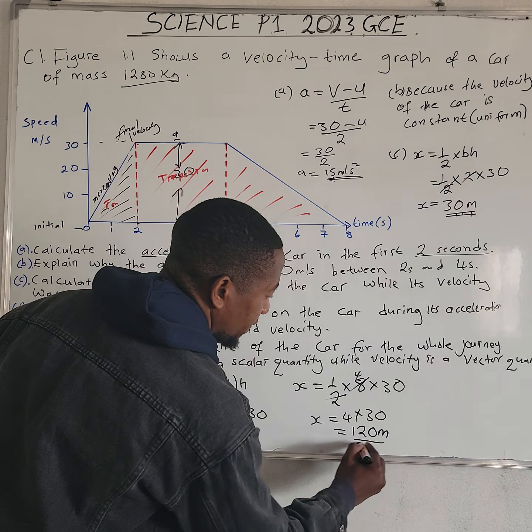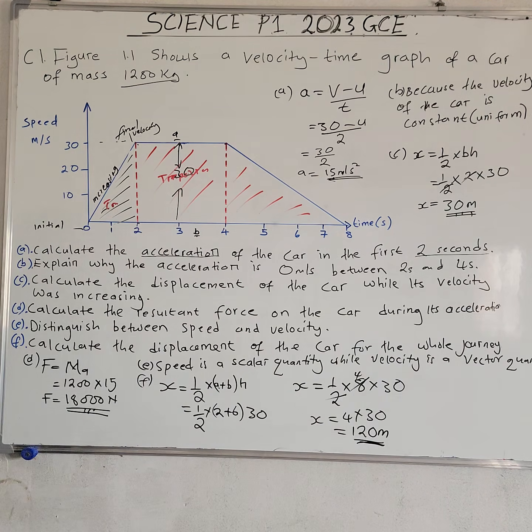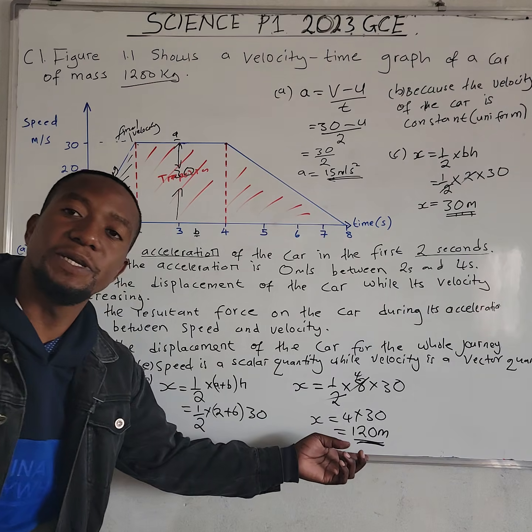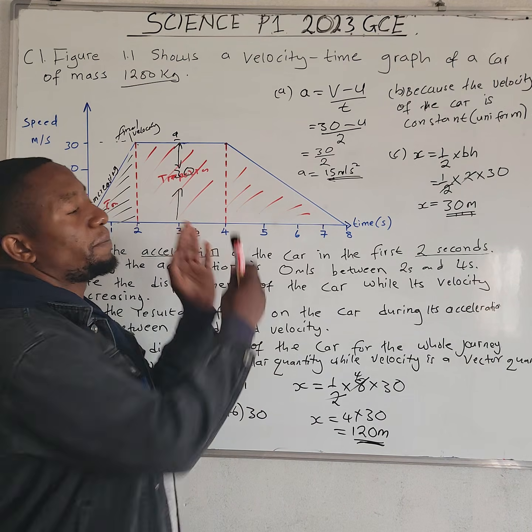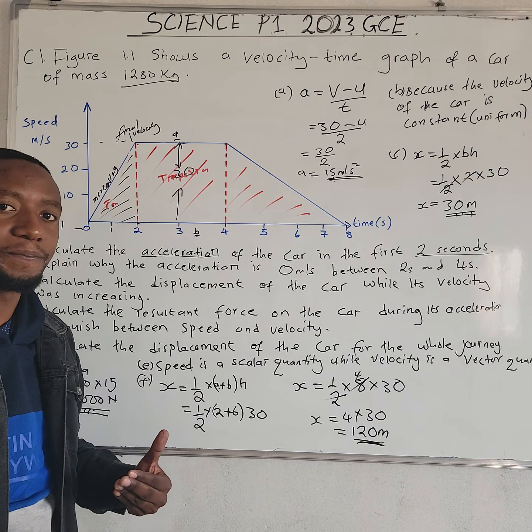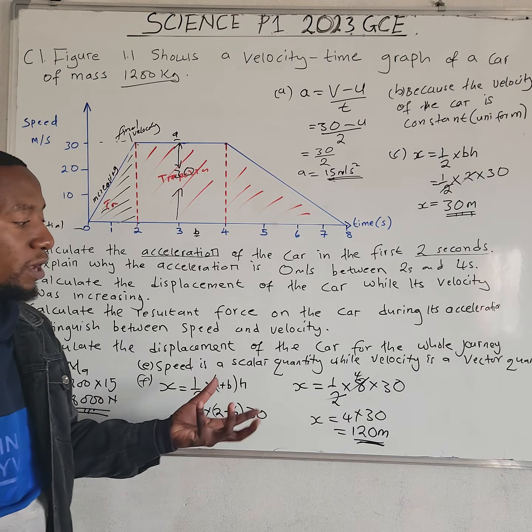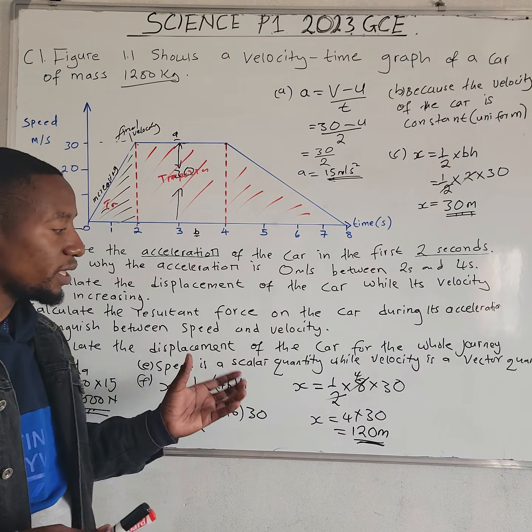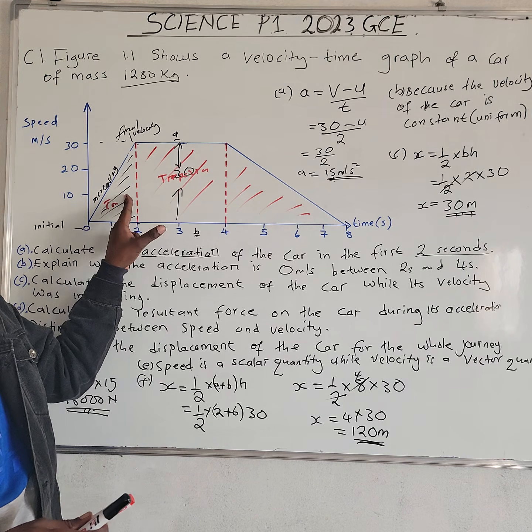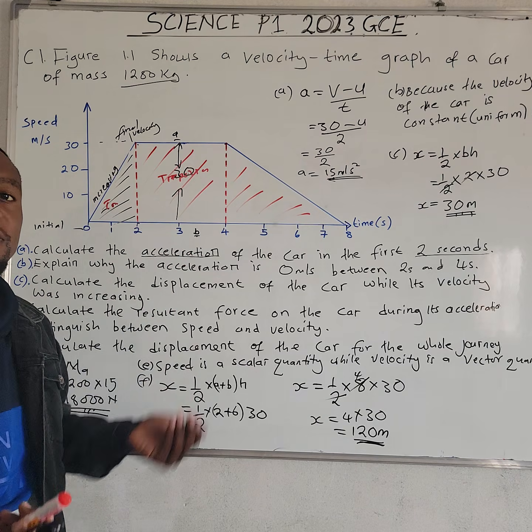This displacement we have found is only for the trapezium. It's not for the whole journey. So now we add the distance of the triangle plus the distance of the trapezium.